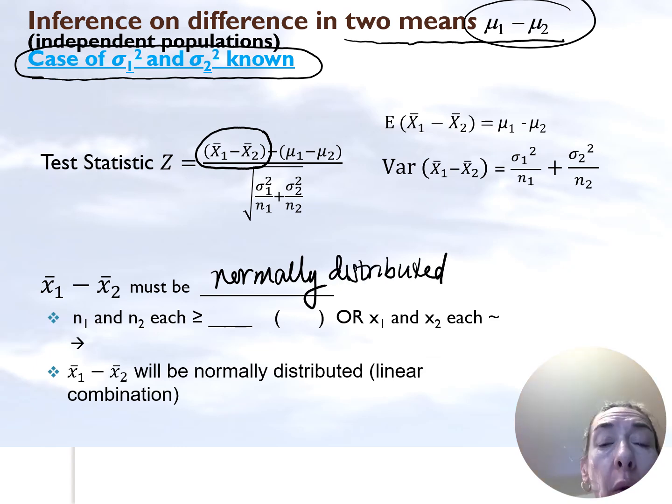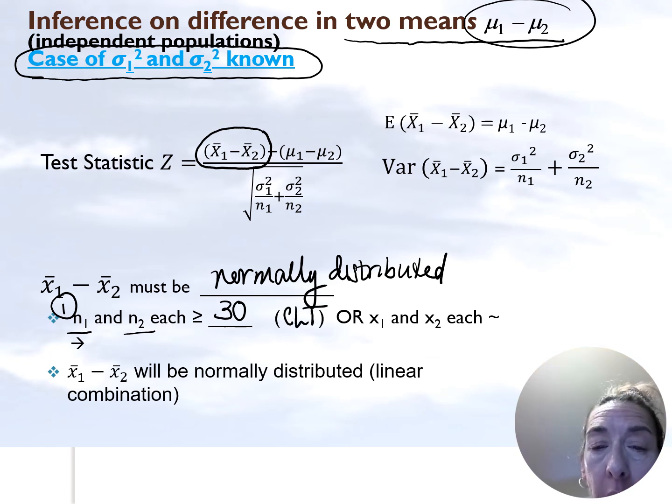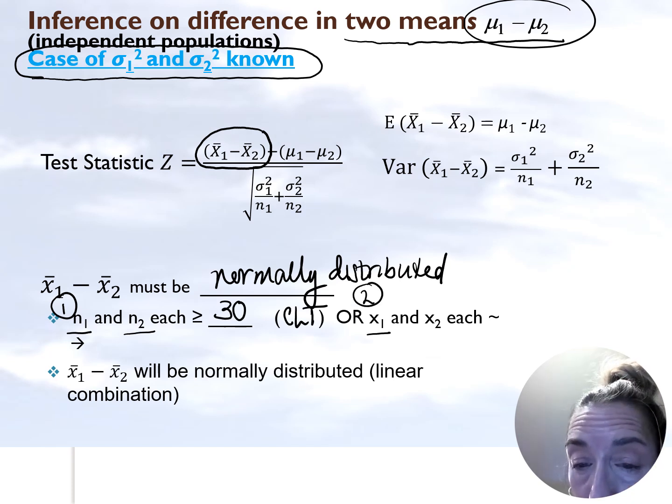Okay, when will that be the case? The first possibility is that each of your sample sizes, n1 and n2, out of the population are each greater than or equal to 30, in which case the central limit theorem applies. The second possibility is when each of your underlying populations is normally distributed.